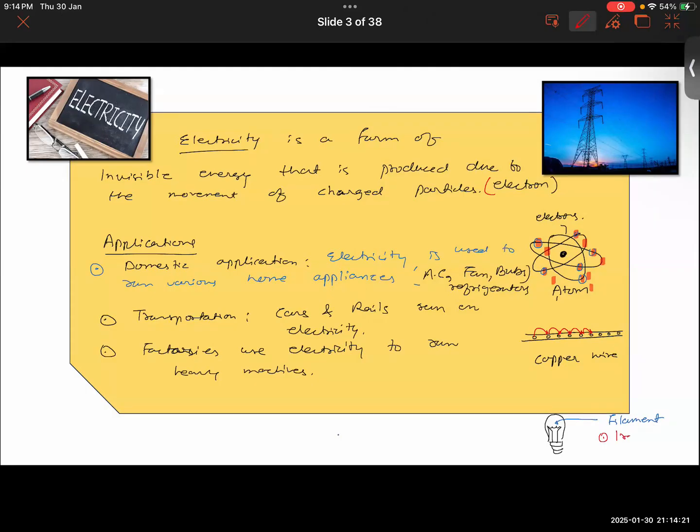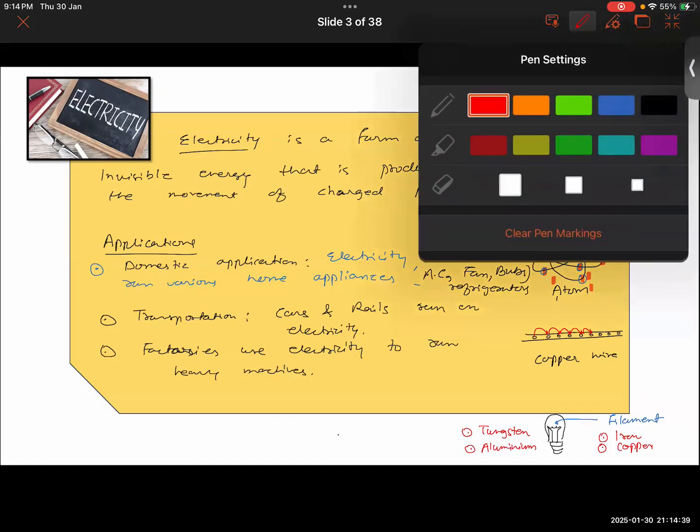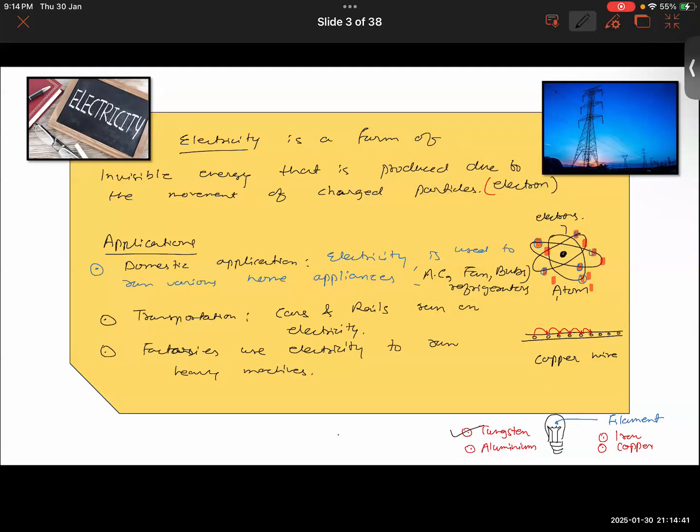Is it iron? Is it copper? Is it tungsten or aluminum? It is tungsten. Very good, both of you.